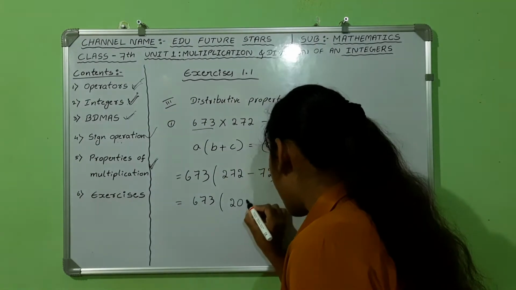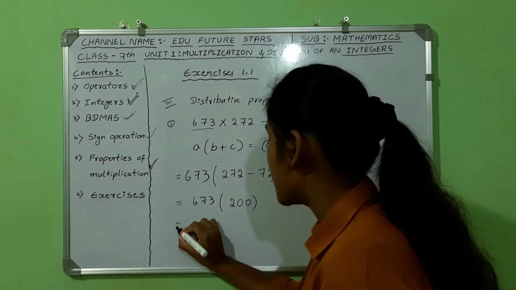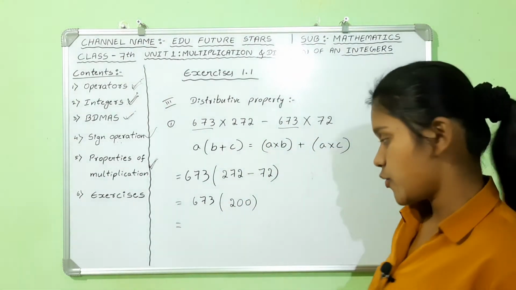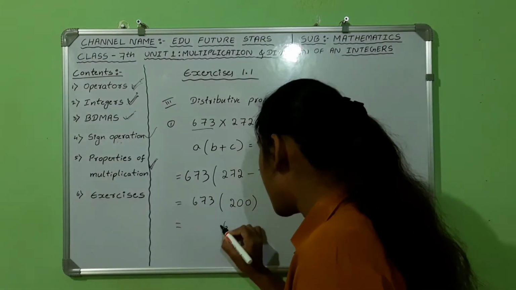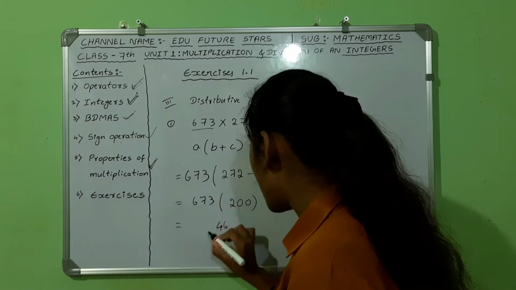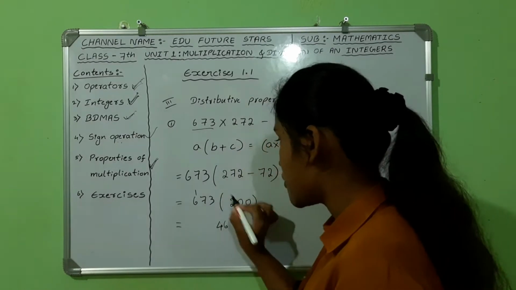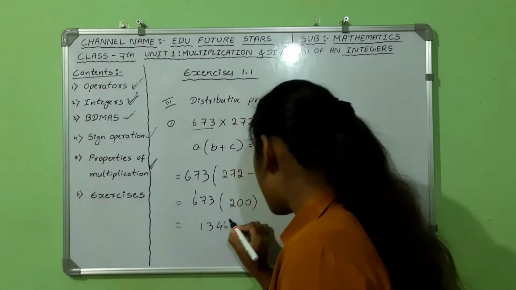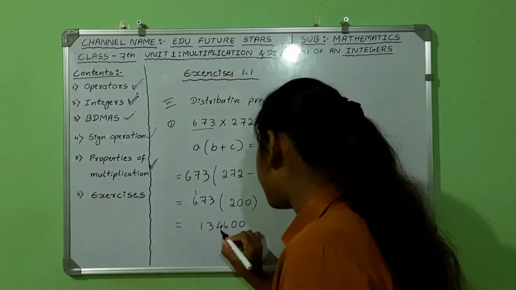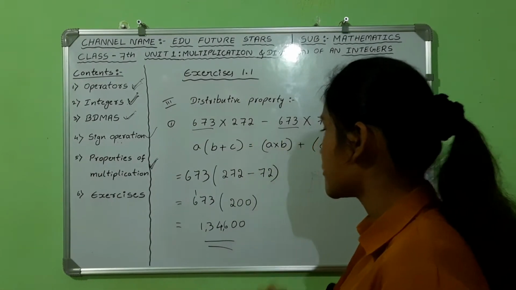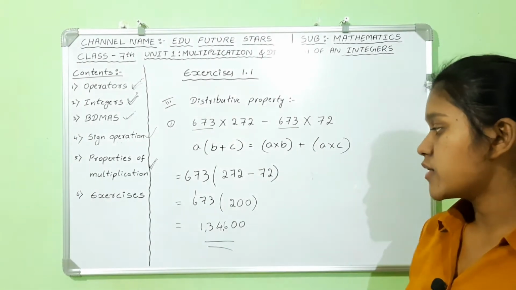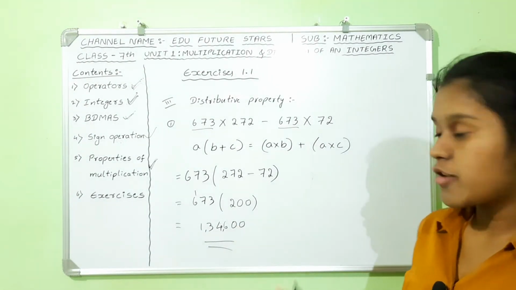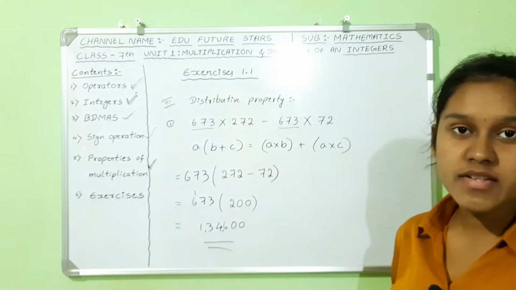So now let's multiply these two things. 2 threes are 6, 7 twos are 14, 1 carry, 6 twos are 12, 12 plus 1 is 13, and 2 zeros are added. This is our answer. 1,34,600 is the actual answer. Okay, now let's see the next question.